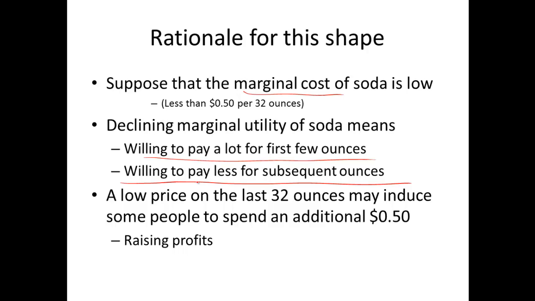So a low price on the last 32 ounces may induce some people to spend an additional 50 cents. And as long as it costs less than 50 cents to make that additional 32 ounces, that could be good for profits. Now I realize I'm getting ahead of myself here, but I do want to link kinds of prices that we see in reality with ideas we have about preferences. And so I thought it'd be good to mention this now.